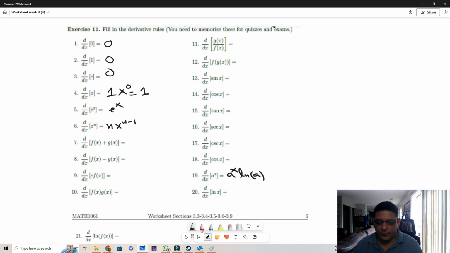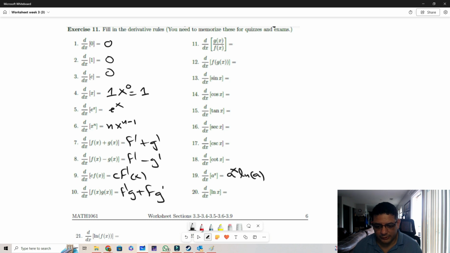Now the formulas for the subtraction and the sum are in terms of the same addition or subtraction. So the derivative of the sum is just going to be the sum of the derivatives, and the subtraction works in the same way. If we have a constant multiplying a function, that constant is going to go out, and we just have the derivative of the function. And if we have a product of two functions, then we use the product rule.